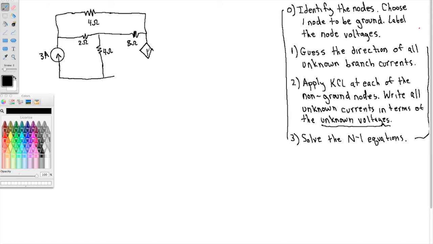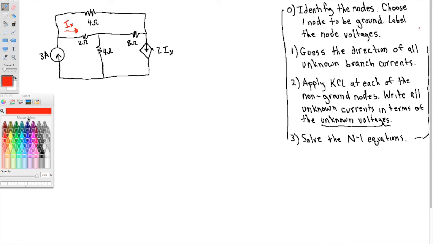Yes, this works with dependent current sources as well. And we'll call this 2IX. And where is IX? Well, IX is here. This is a current source, but the current depends on whatever this current is. Nodal analysis can handle that situation.